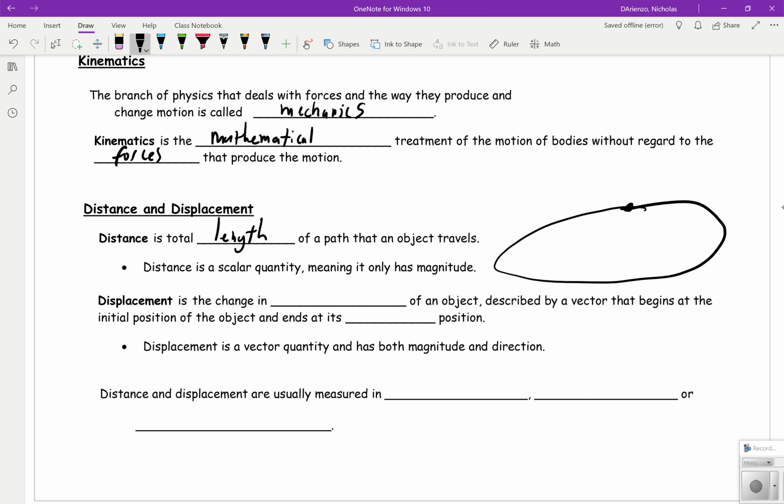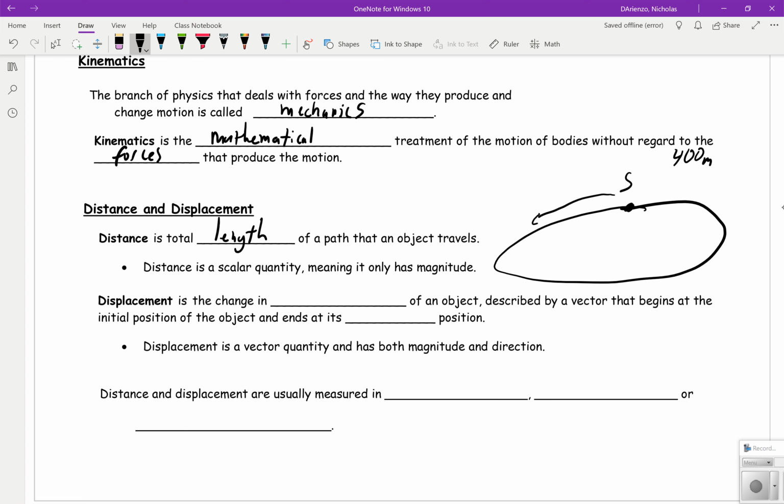I can walk around the track from start to finish, and I can go some particular distance around there, and I can calculate that on the track. It is 400 meters. That's the distance. If I walk one lap, I'm going to go 400 meters. I don't have to give direction on that. My distance is described just by the magnitude of 400 meters.